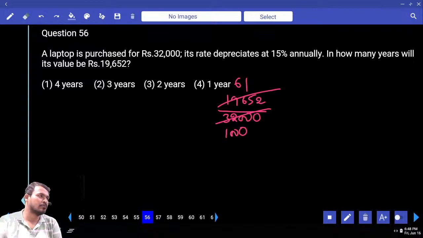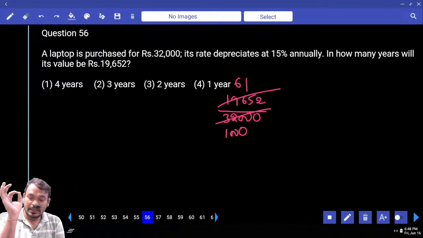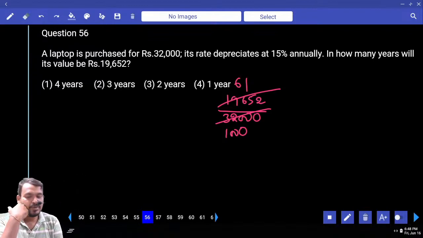How many times? 1 time. What is the remaining? 130. Again, 132 is exactly divisible by 32? No.